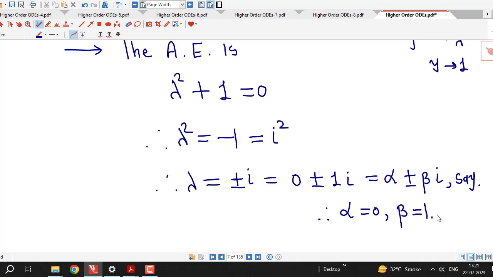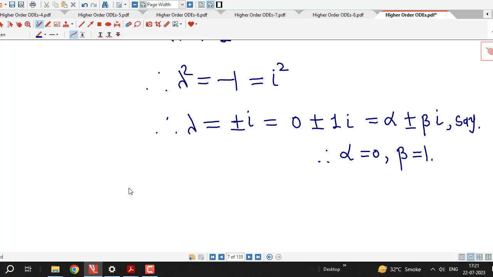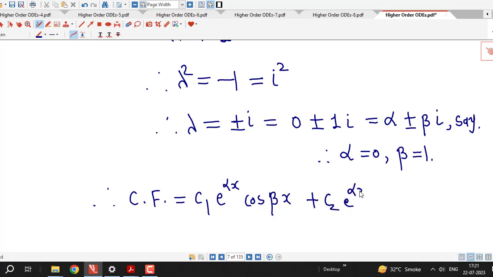In the case of complex roots, we know the formula for the solution. It is given by c1 times e raised to alpha x cos beta x plus c2 times e raised to alpha x sin beta x.